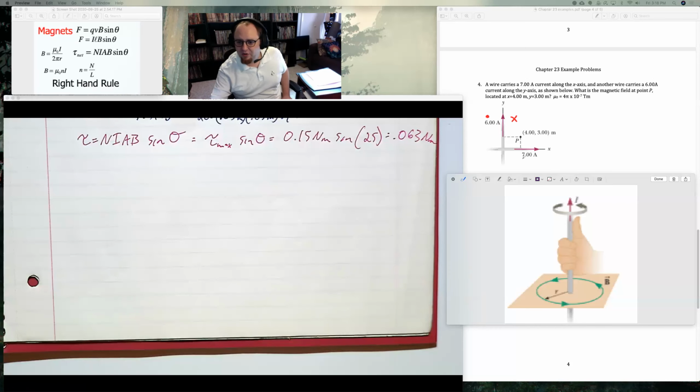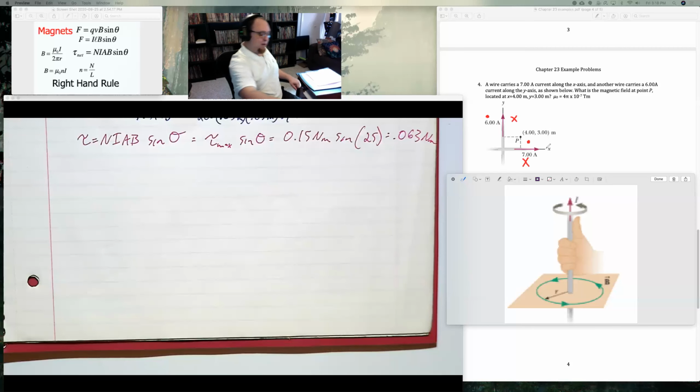And so this guy is going to be into the page on this side and out of the page here. And so if I look at point P, they're in opposite directions. The one along the y-axis is into the page. The one along the x-axis is out of the page.